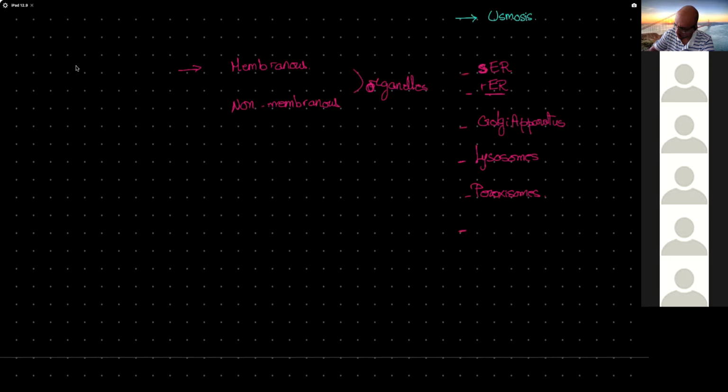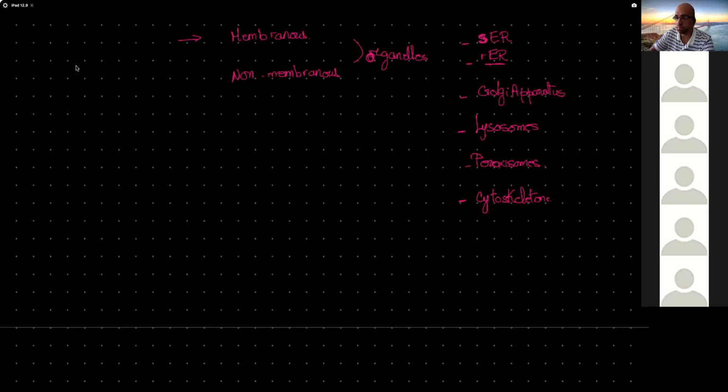We've discussed the cytoskeleton. This includes the microfilaments and the microtubules, centrioles forming the centrosome.